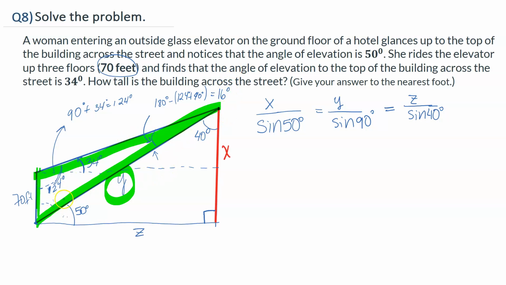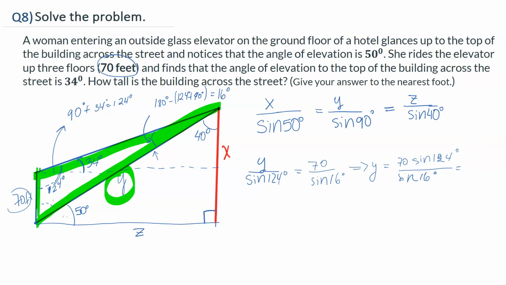So let's apply the law of sines to the green triangle. Y over sine of 124 degrees is equal to 70 divided by sine of 16 degrees. From here, y equals 70 times sine of 124 degrees divided by sine of 16 degrees.